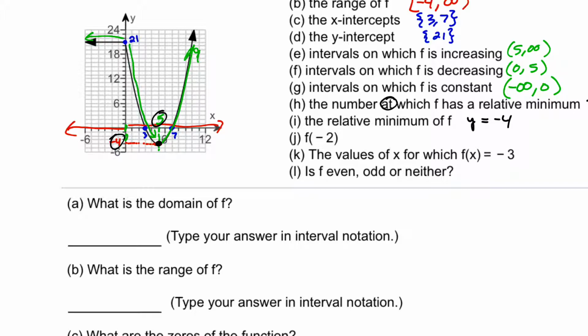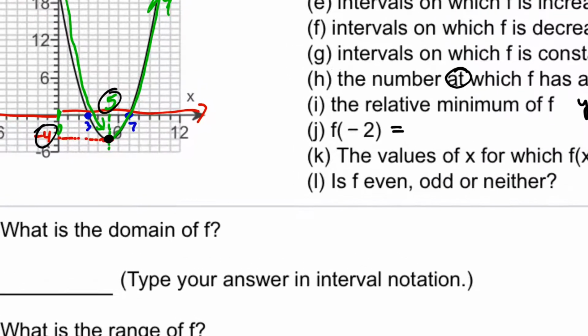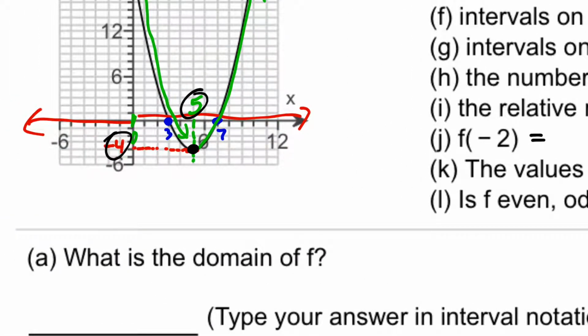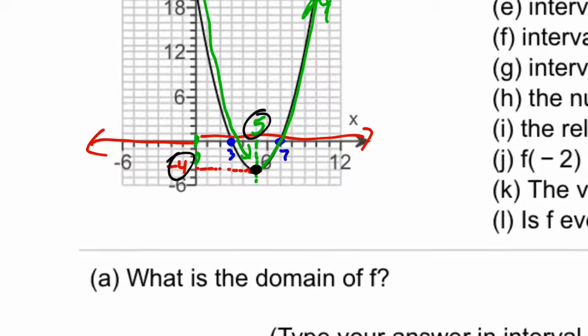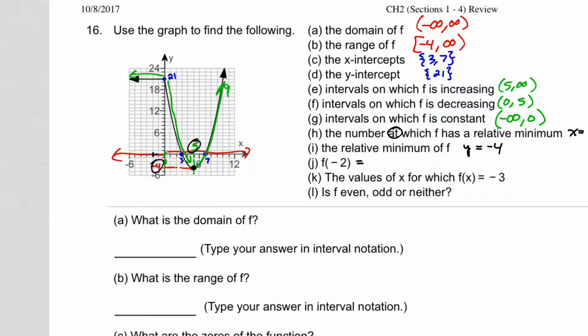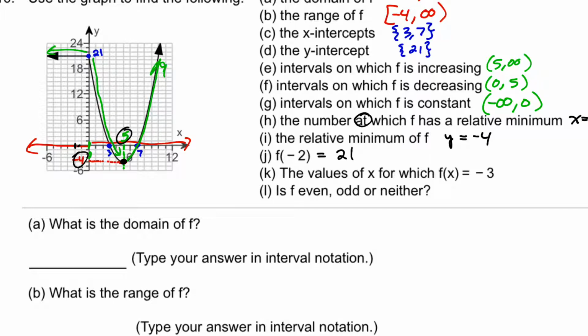Okay. This time they want to know what is the value at the location -2, which the -2 will be anything negative. So right here is going to be the same value anywhere, and that's 21. So this is 21. The values of x for which f of x equals -3. So that is the height.